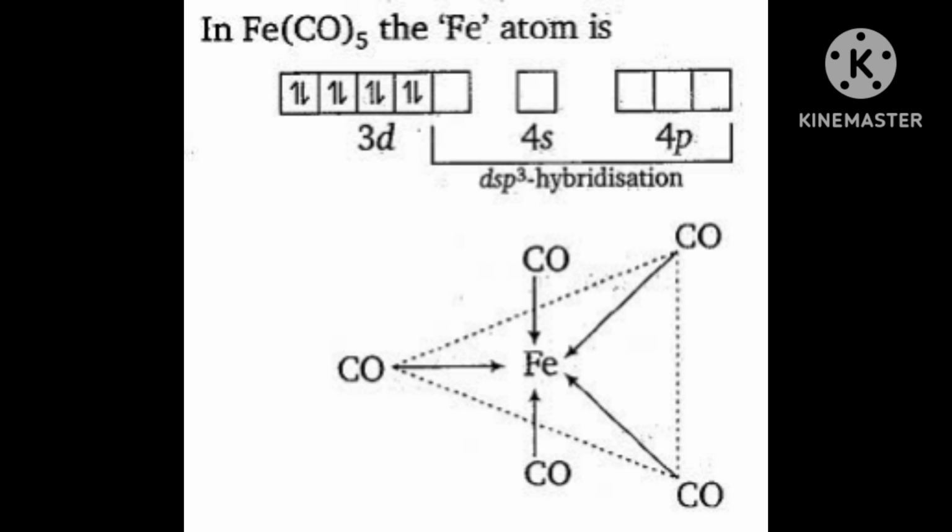So K1, K2, K3, K4 are the stepwise stability constants, or if you want to tell only overall, it is called beta n, the overall stability constant.